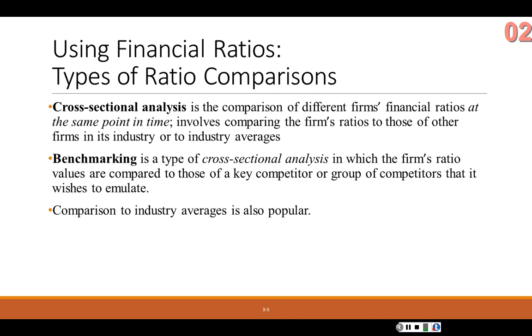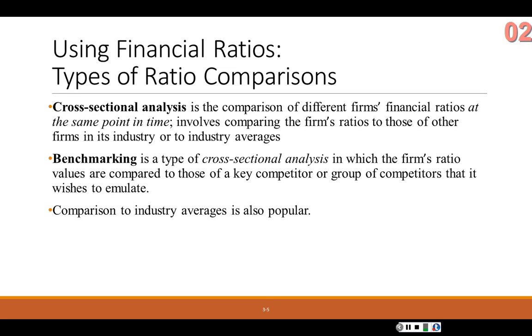So a cross-sectional analysis is the comparison of different firms' financial ratios at the same point in time. So you're comparing one company to its competitors at the same point in time. The important thing to do is to identify your industry correctly. So if you remember back when we talked about Mergent, I showed you how to add competitors to your industry analysis, so that way you could define your industry exactly how you chose.